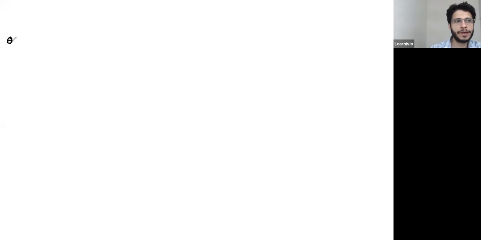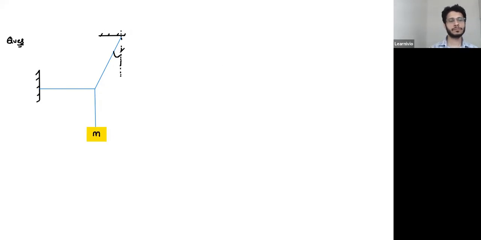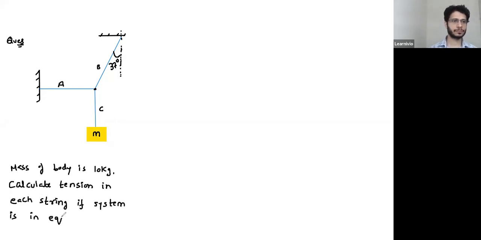Let's do some basic problems on equilibrium. The first question is, you have three strings, and you have to calculate the tension in each string if your system is in equilibrium.